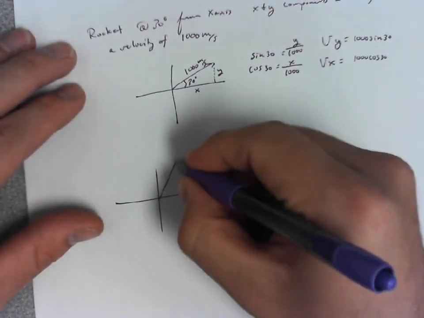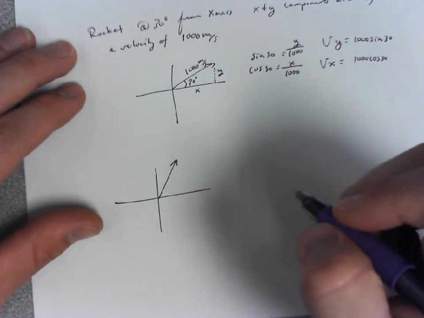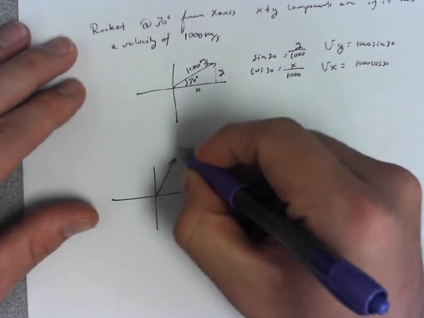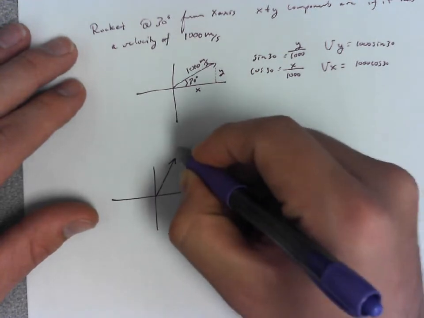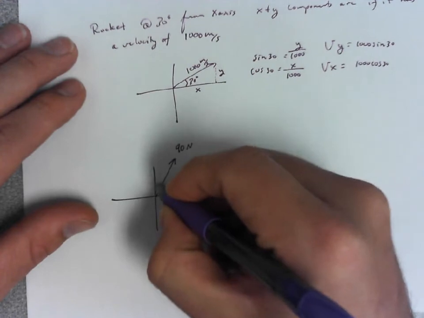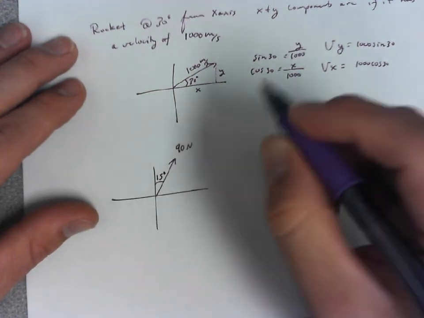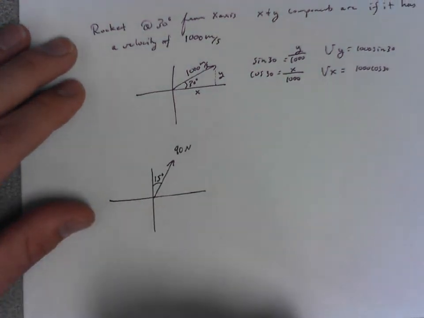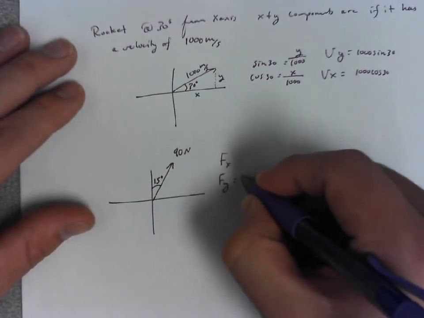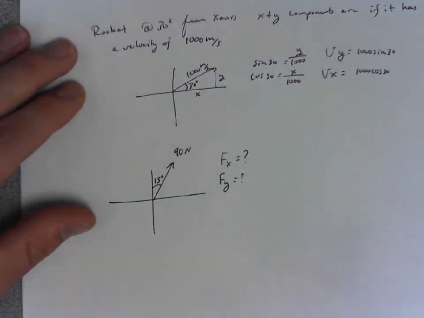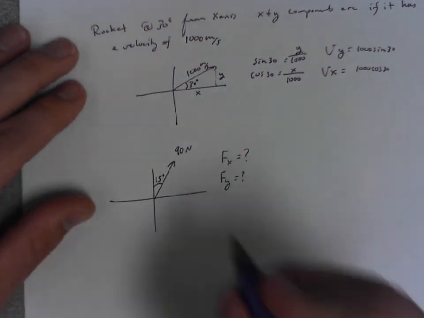Let's do something like this, similar to our vector B. Okay, let's say this is some force acting on a free body diagram of 90 newtons. We'll give this an angle of 15 degrees. And I want to know what Fx is, and I want to know what Fy is. Okay, the force in the X direction, the force in the Y direction.